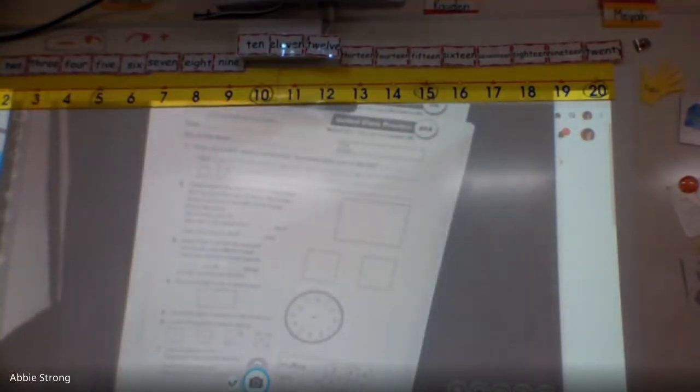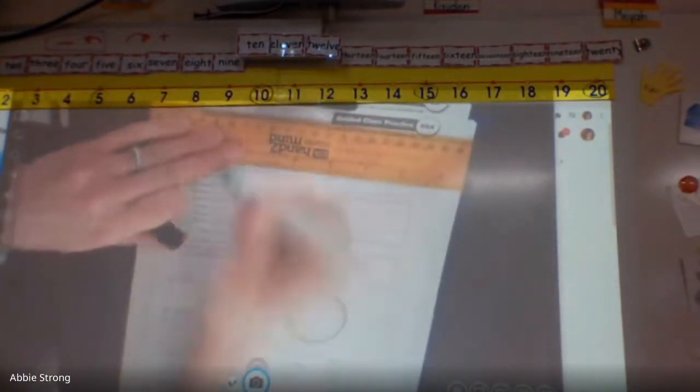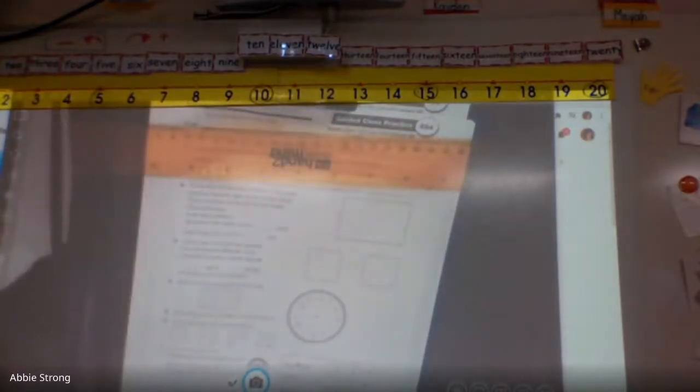All right, I'm going to start by writing my name and the date up at the top of the board. I'm going to use the ruler to make a line segment. Haja, take a ticket.